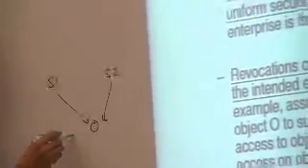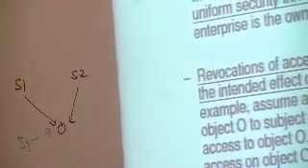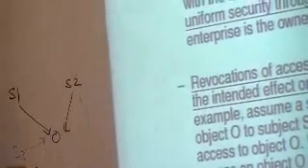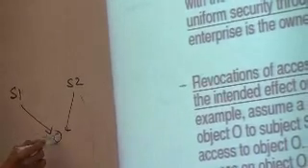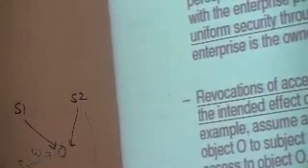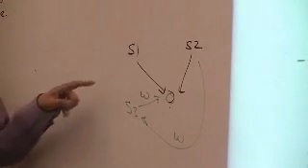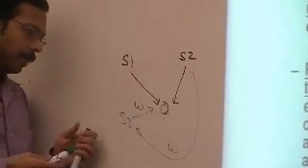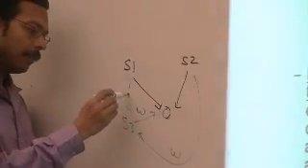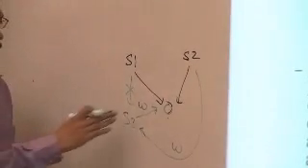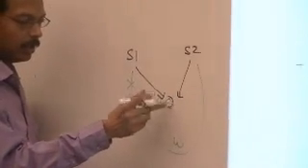So S1 gives, say, some permission to S3 on this object. Okay? And S2 also gives some permission to S3 on the object. Say both of them give the write permission to the object. Alright? Now S1 may revoke that permission after a while. So S3 doesn't have the write permission on the object.